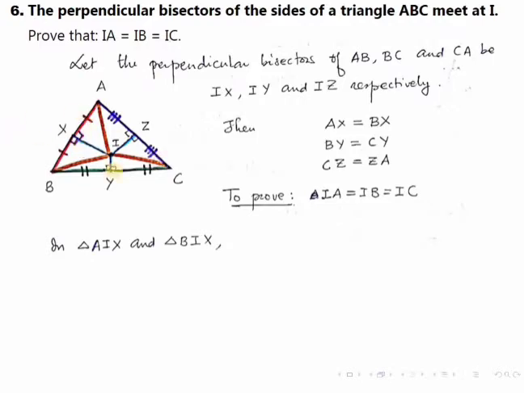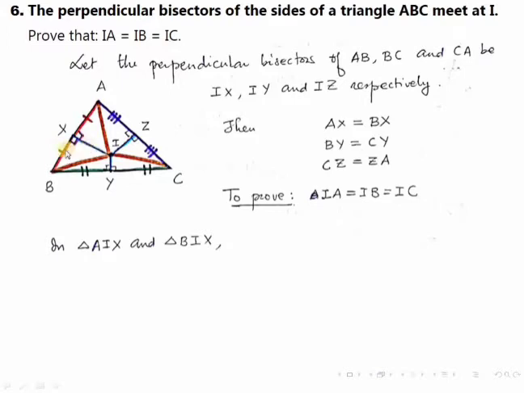Here you can observe that this side and this side are equal. This angle and this angle are both equal and both are exactly 90 degrees, and this side is common to both triangles, isn't it? Which criterion should I use? I should use side, angle, side, because the angle is sandwiched between two sides.